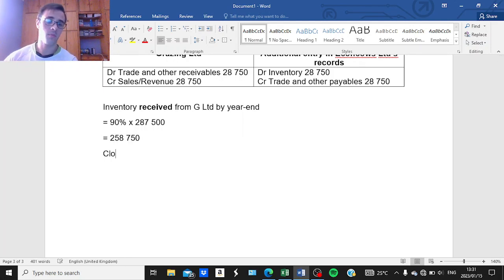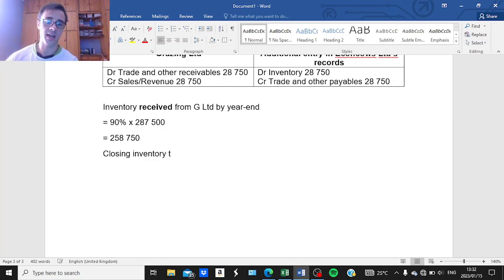In order for us to calculate the unrealized profit in closing inventory, we first need to calculate the value of closing inventory that includes unrealized profit. And that will only be inventory that was purchased from Grazing Ltd, which is still on hand by year end.